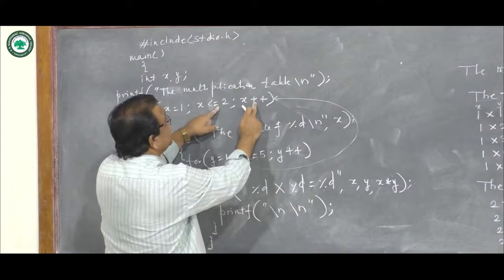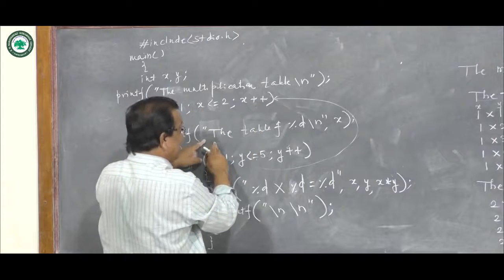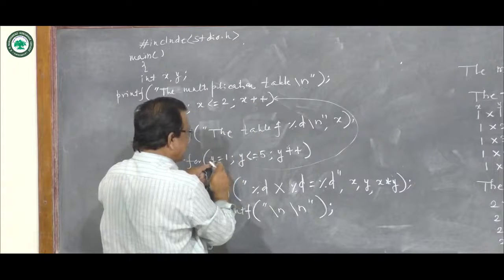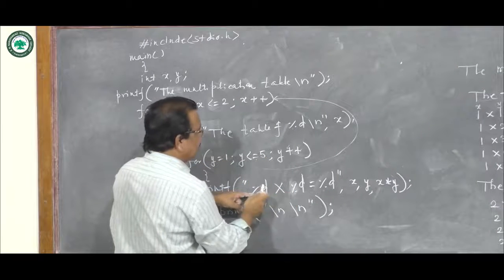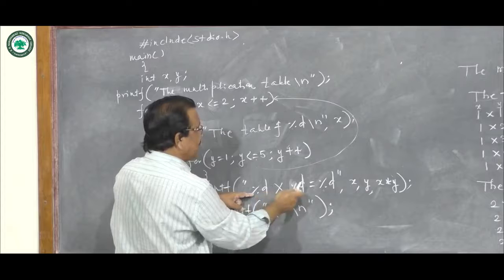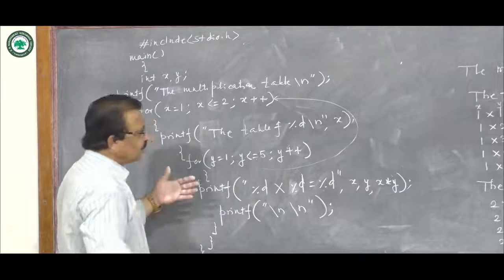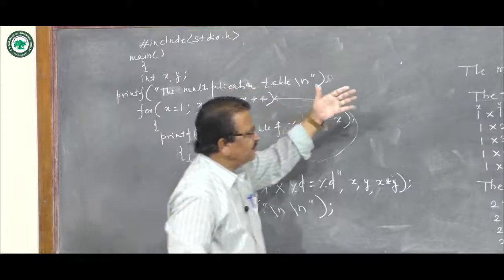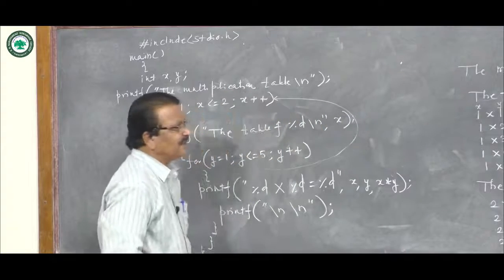Then x gets incremented, it becomes 2 and then again comes back. Similarly, y takes values from 1 to 5 and you have 2 multiplied by 1, 2 multiplied by 2, 2 multiplied by 3, 2 multiplied by 4 and so on. This is how it will generate or display this particular table.